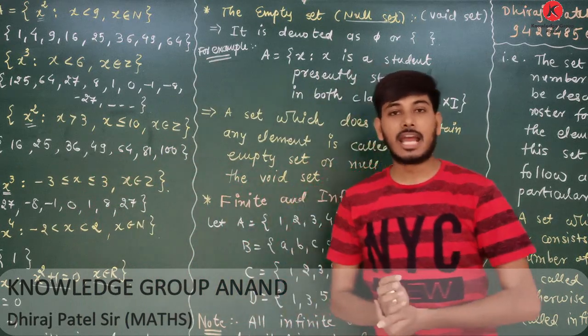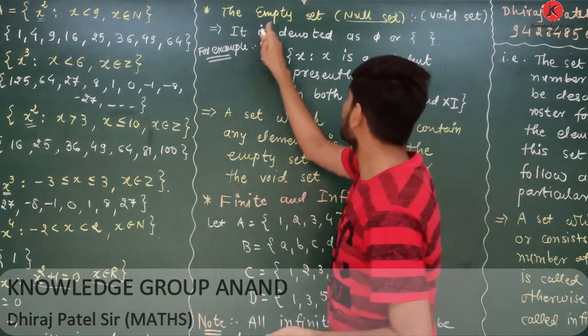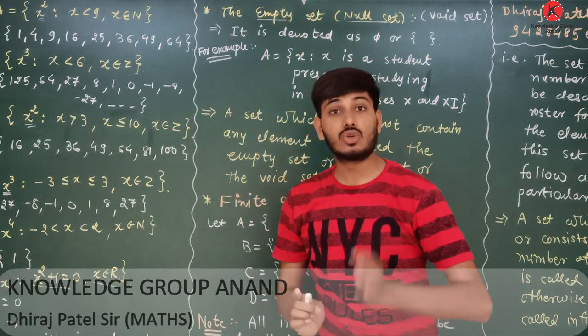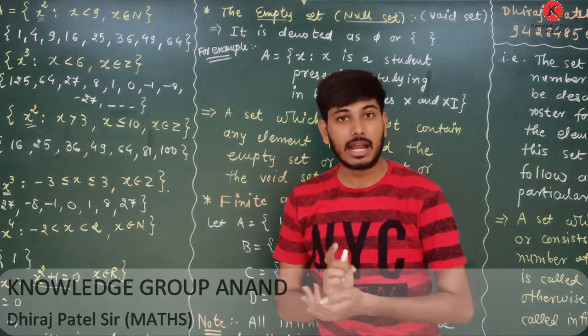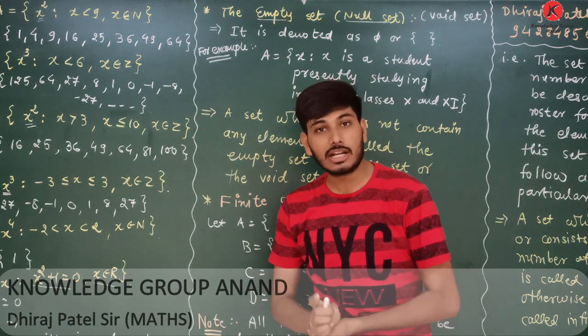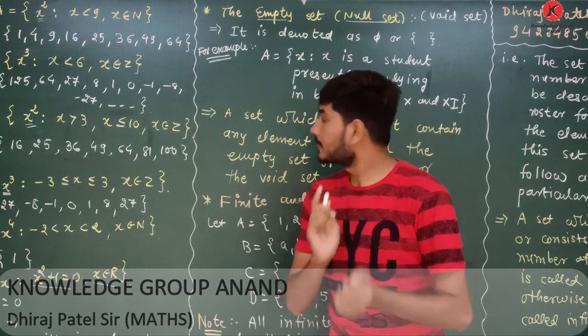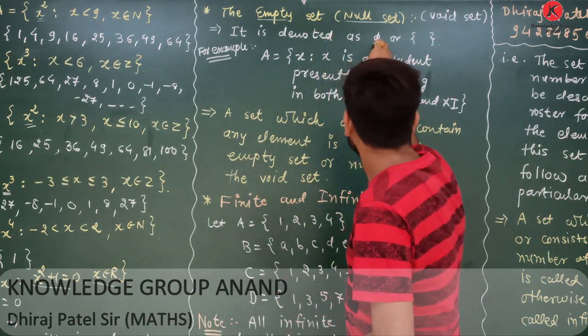The name itself says empty set. Empty set means the set which does not contain any element. The set which does not contain any element is known as empty set. It is denoted as phi.